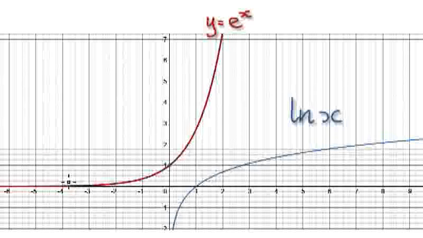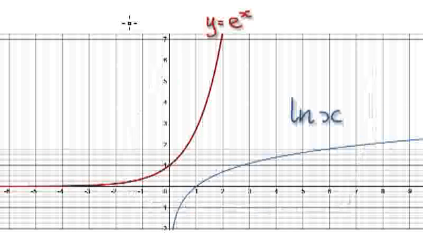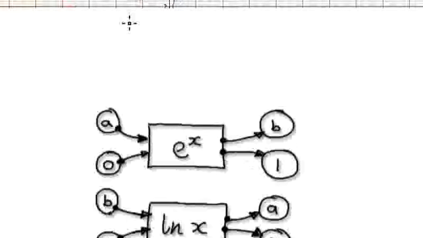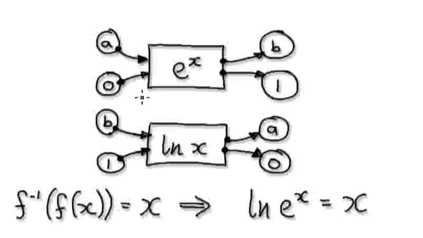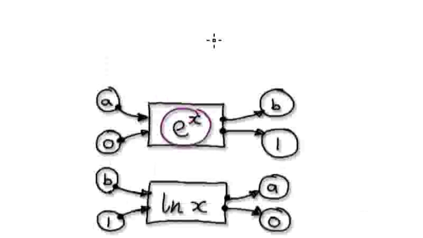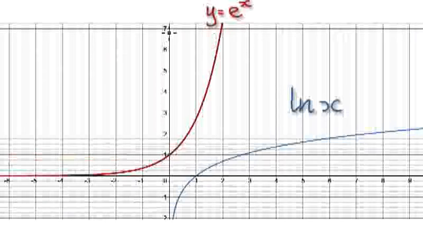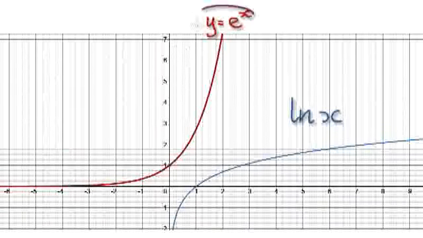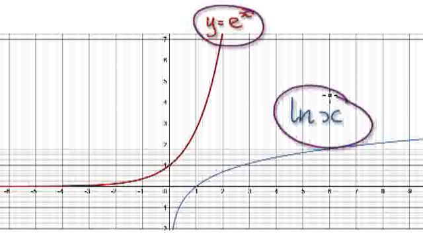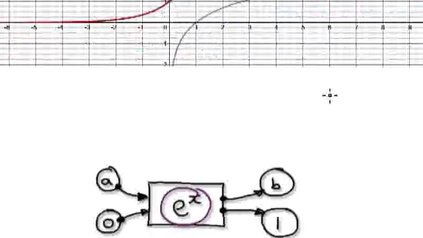Okay, so now let's try and visualize this whole scenario in terms of our two machines. At the moment we've got our normal machine here. e of x is our red line here. The blue line, the natural log of x, is the inverse function.